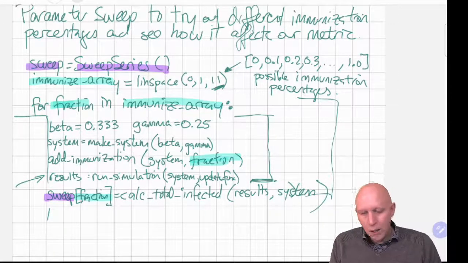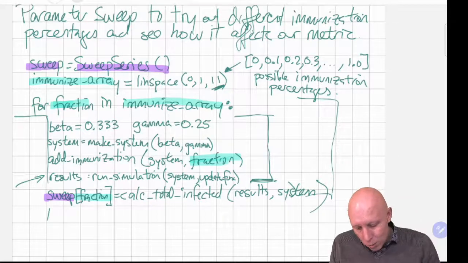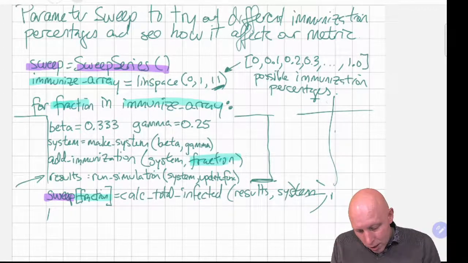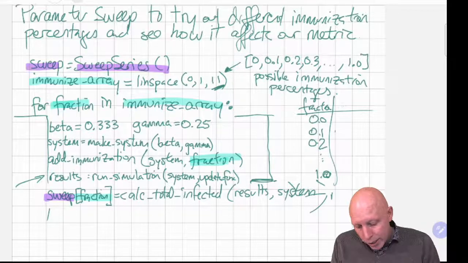As we go through this process, we're creating the sweep series, and basically getting a chart where for different values of our fraction, 0.0, 0.1, 0.2, up to 1.0, we get the metric that we care about.